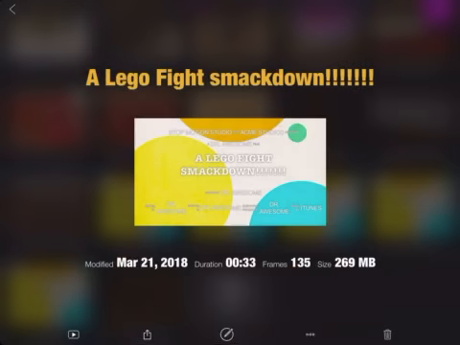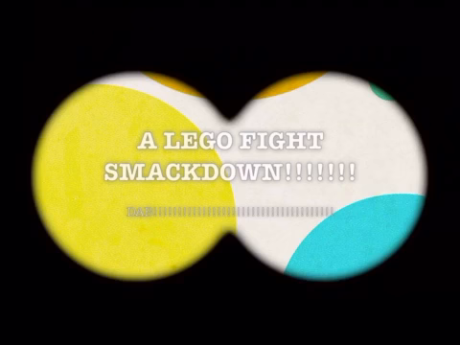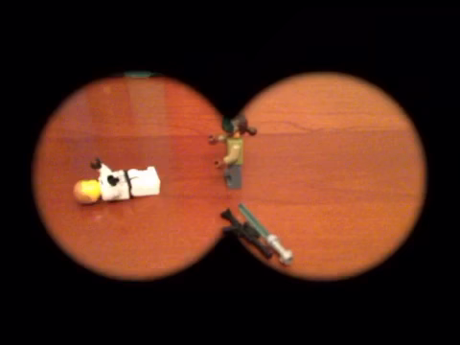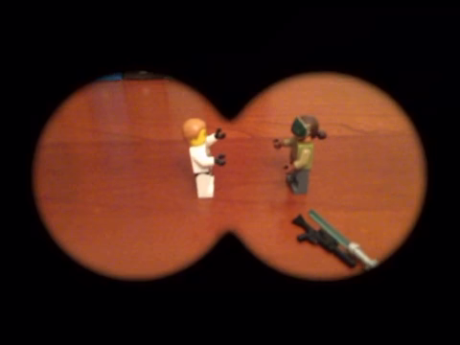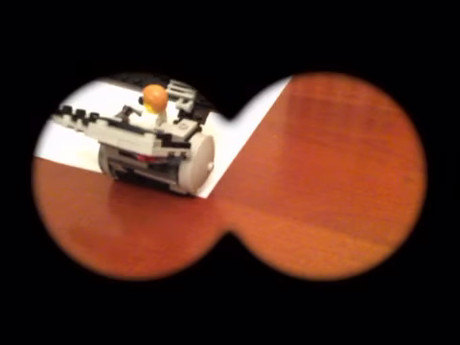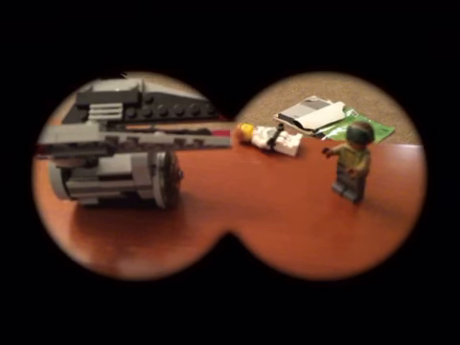like this one, the original Lego Fight SmackDown. See how the colors are so vibrant. It's just like a funny slapstick fist fight. It's like my standards of violence were pushing and falling on people for these.